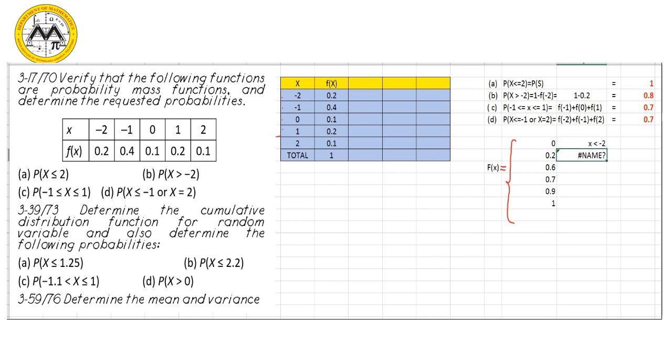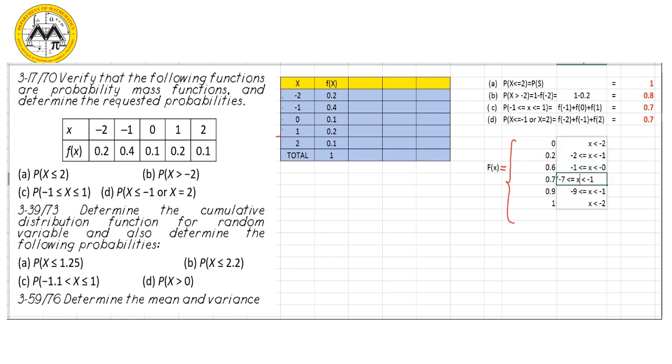We start with -2, and then from -1 to 0.